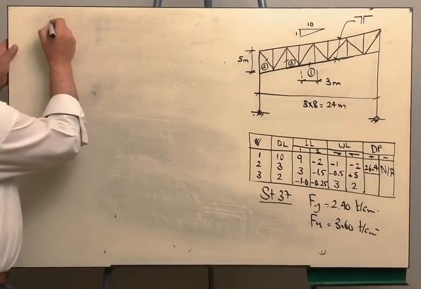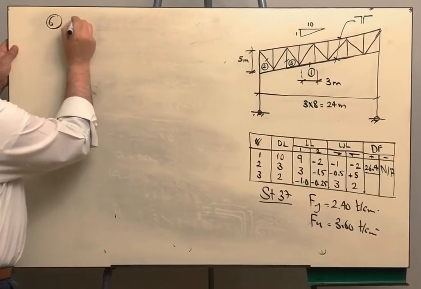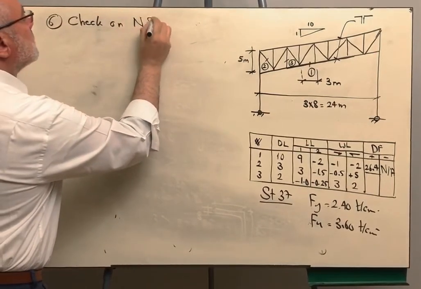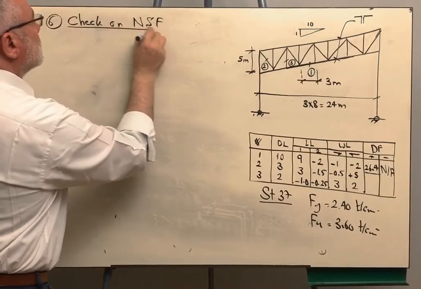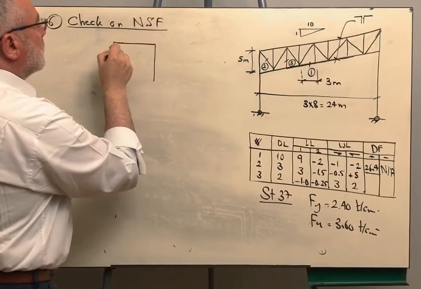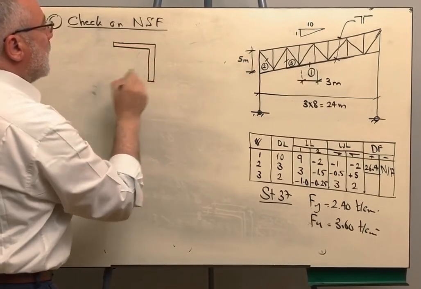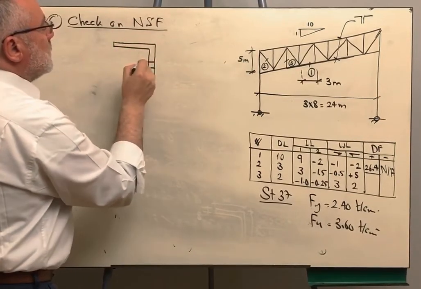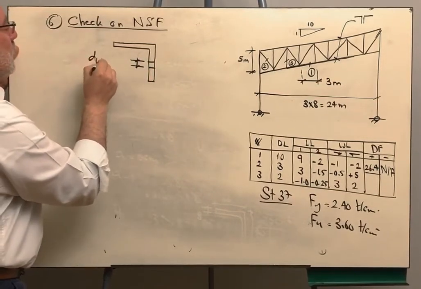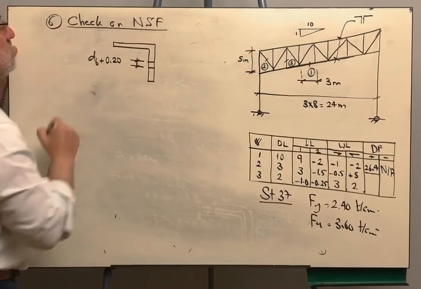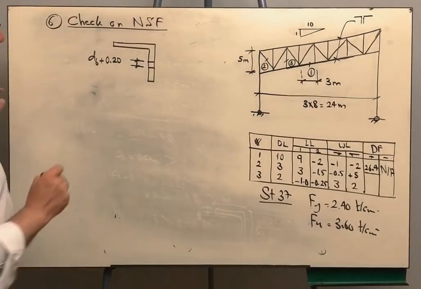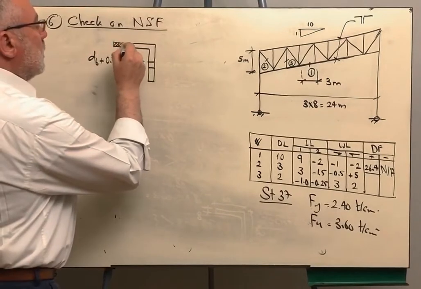Number 6, check on net section fracture. How does the angle look like? The angle looks like this. Now we are going to have, this is the bolt hole, and we increase the bolt hole by 2 millimeter so that we can easily install the bolt.